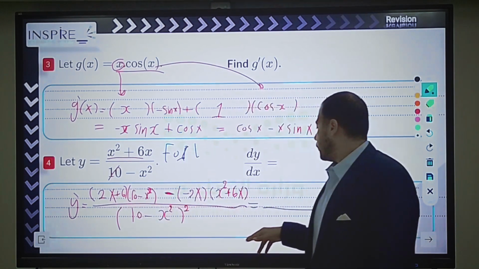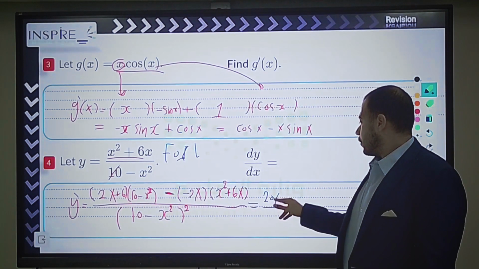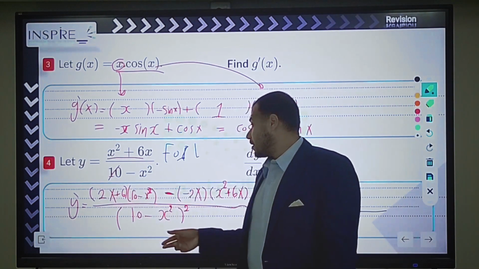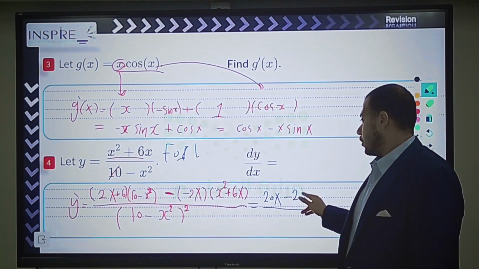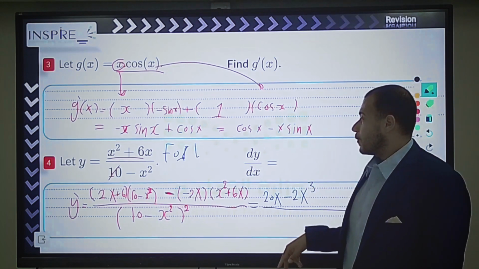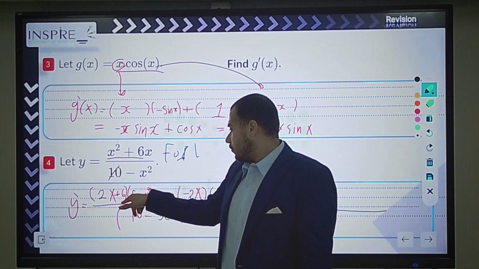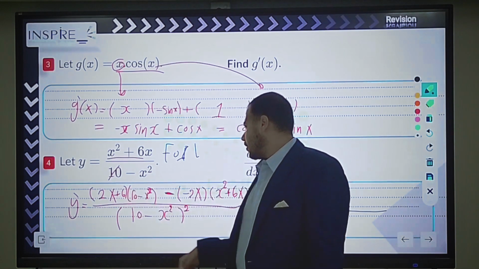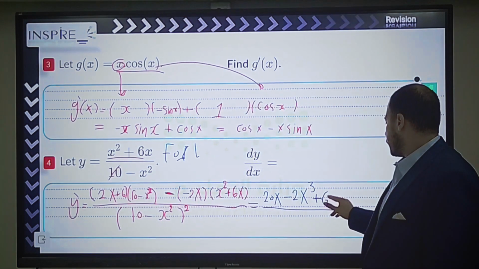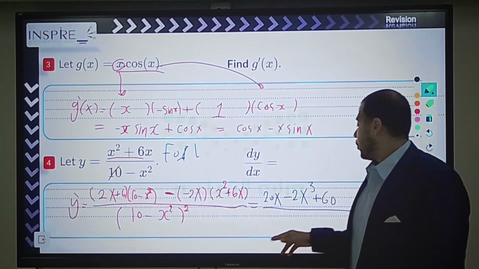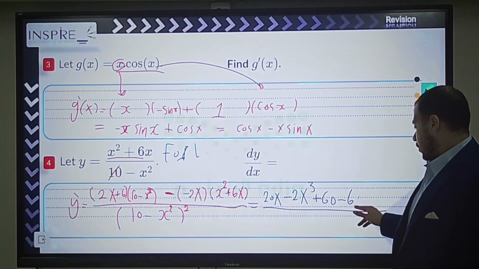First by first, it will be 20x. First by last, it will be negative 2x cubed. And then 6 by 10, positive 60, and then last, 6 by negative x squared, it will give you negative 6x squared.